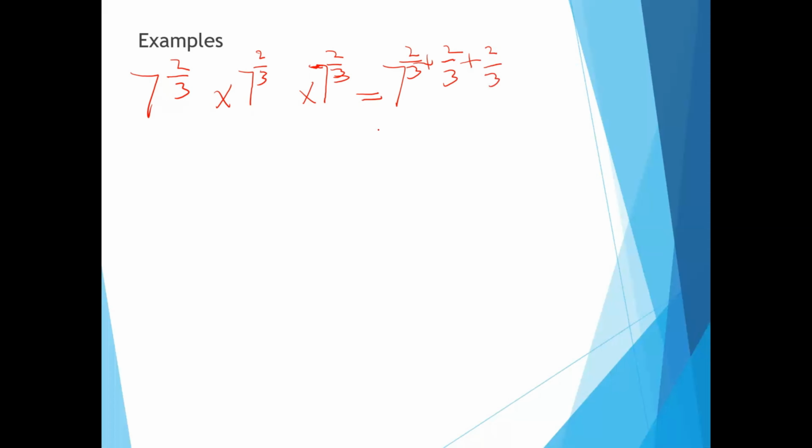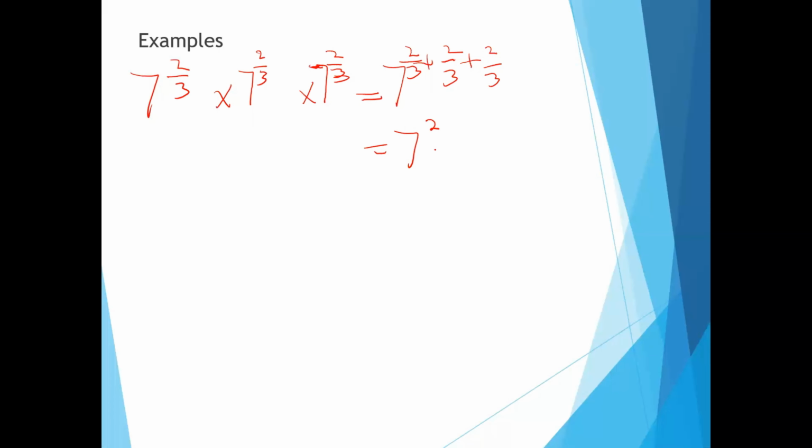Now, the next thing that we want to look at, we have 7 raised to the power 2 over 3 times 7 raised to the power 2 over 3 times 7 raised to the power 2 over 3, and that will give us 7 to the power 2 over 3 plus 2 over 3 plus 2 over 3. And that means that we shall get 7 raised to the power 2, because we shall get 6 over 3.